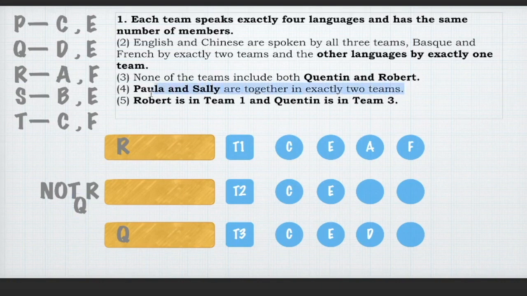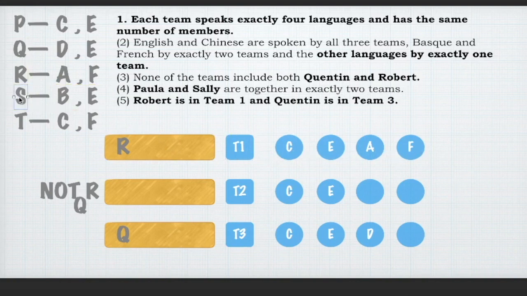Let me now think about Paula and Sally. Paula and Sally are together in exactly 2 teams. So they have to be together in 2 teams. Let me think about, can I put them in team 1? If I take up Sally and put her in team 1, one of the languages spoken by team 1 will also be Basque. But team 1 language slots are already taken care of.